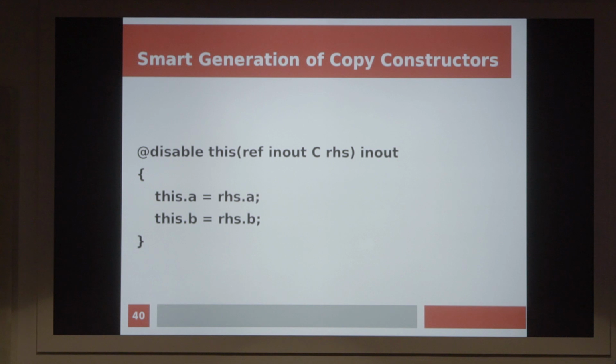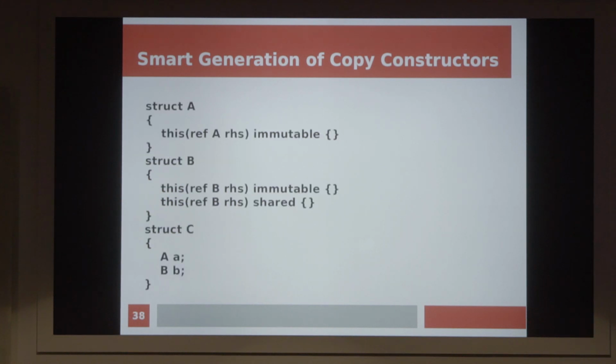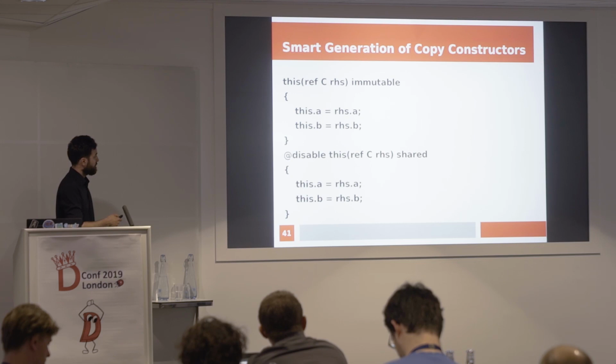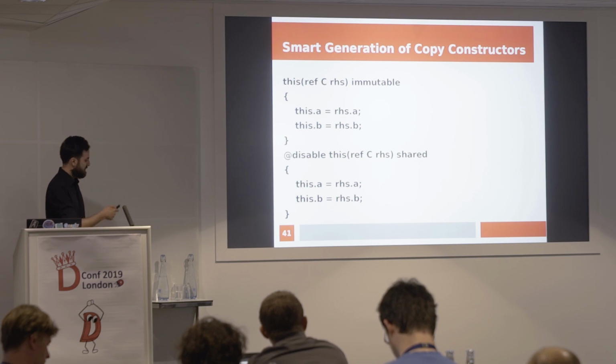copy construct C. I would argue that since A and B both know how to create immutable copies, then we can try to generate both an immutable and a shared copy constructor. And since the one is going to be successfully type checked, we can use it.